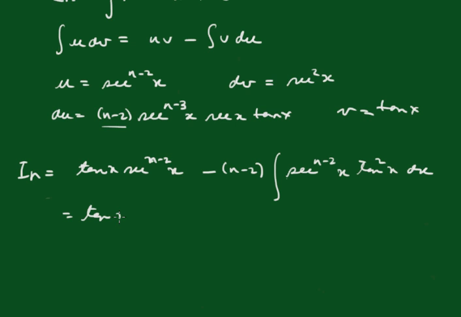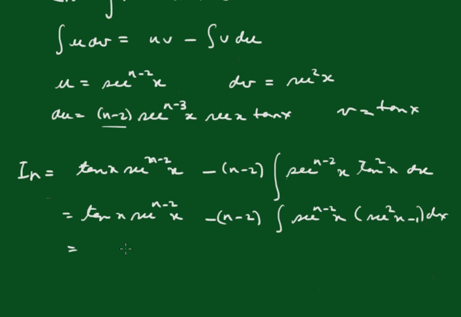Now that becomes minus n minus 2 times the integral of sec of n minus 2 x times sec squared x minus 1 dx, which equals minus n minus 2. Now this will become sec n x, so this is In, and a minus gives you a plus, and this becomes n minus 2 In minus 2.